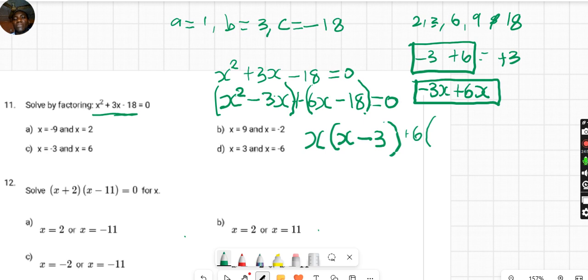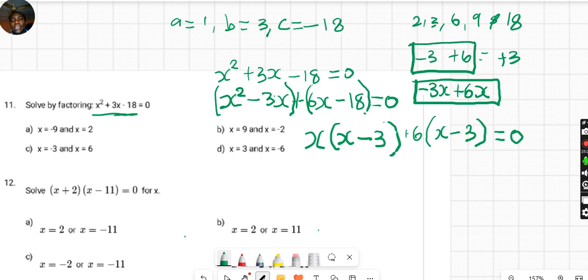Now 6x divided by 6, you just have x standing alone, minus 18 divided by the 6 that we're factoring out, that's 3. So you can see that we've factored out 6 in the second bracket and x in the first bracket. I want you to know that the whole method lies on this point here, where you are factoring out the common terms.